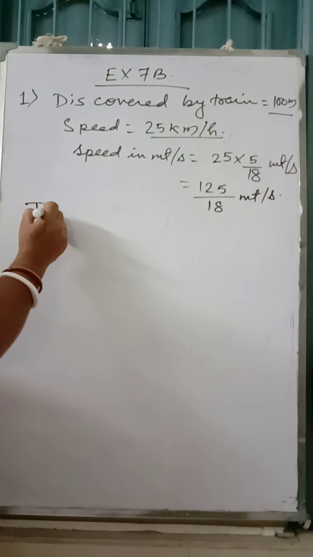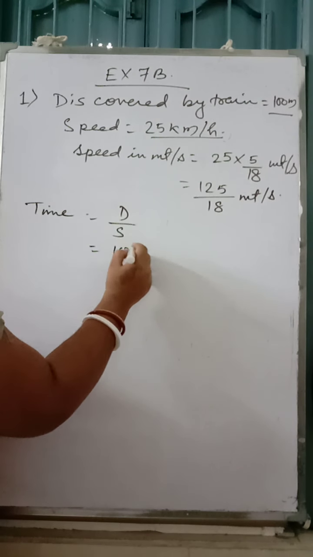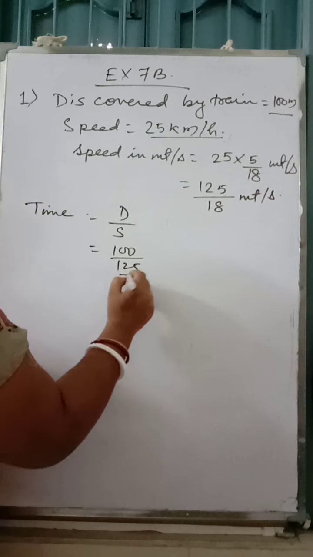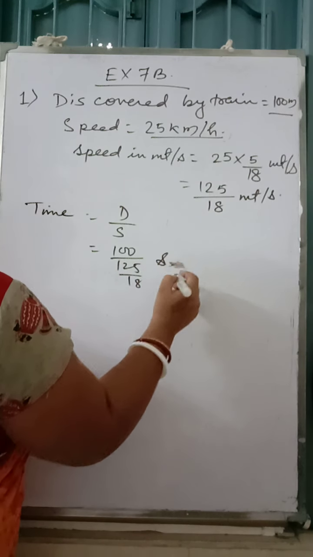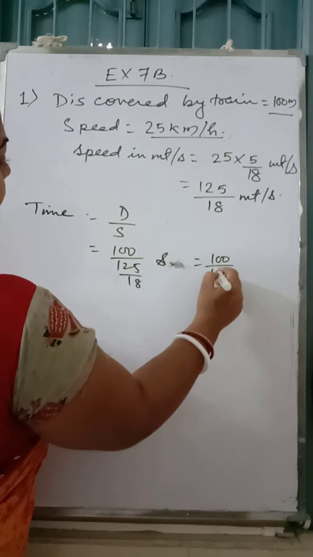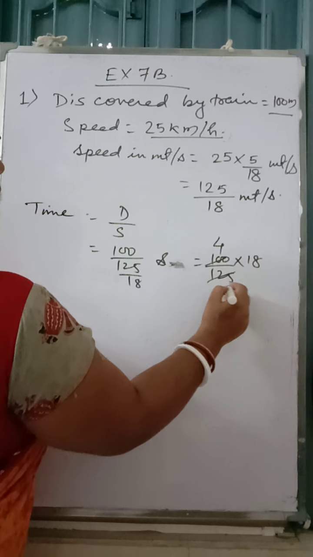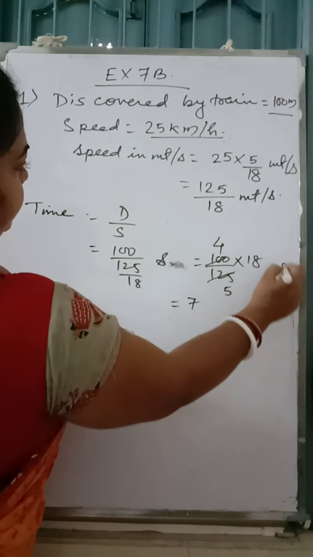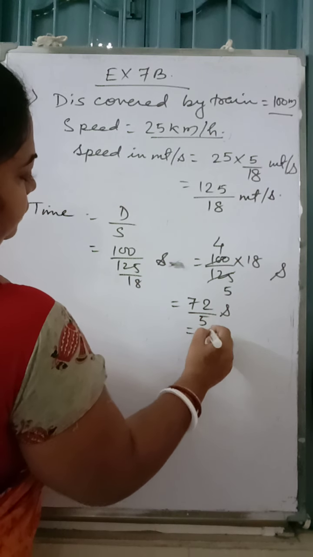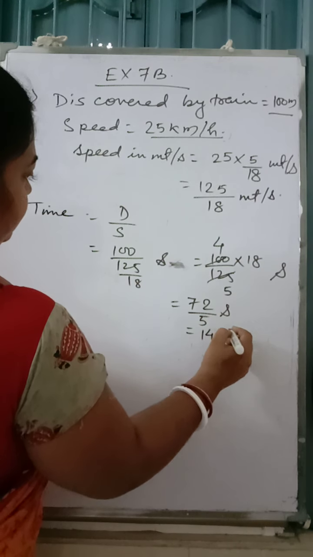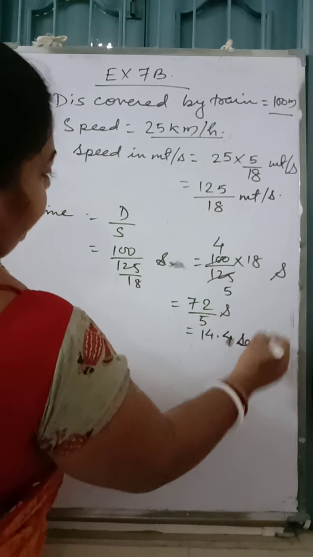So time is equal to d by s, or 100 by 125 by 18 seconds. Or it gives you 100 into 18 by 125. 25 fours are 100, 25 fives are 125, so 72 by 5 seconds, 14.4 seconds will be the answer for number 1.